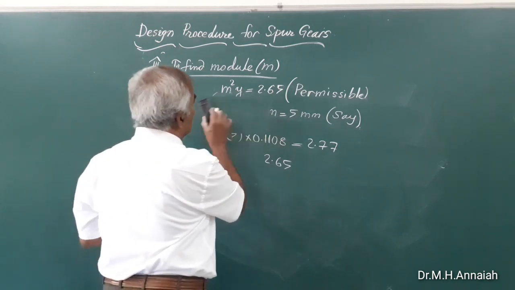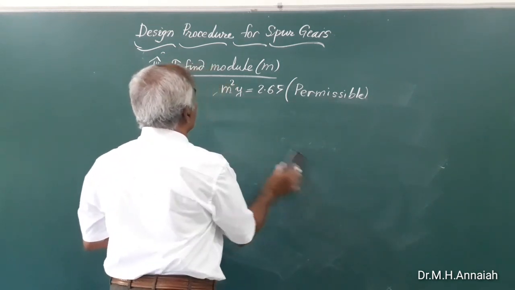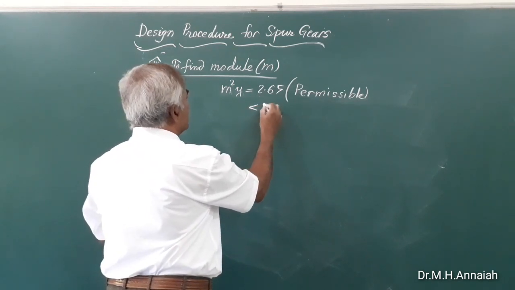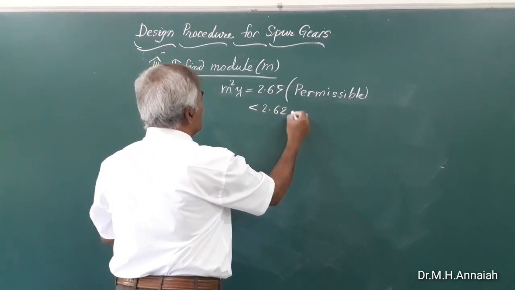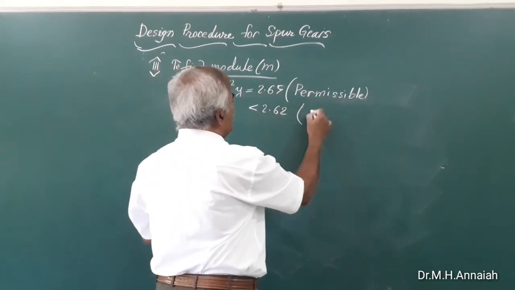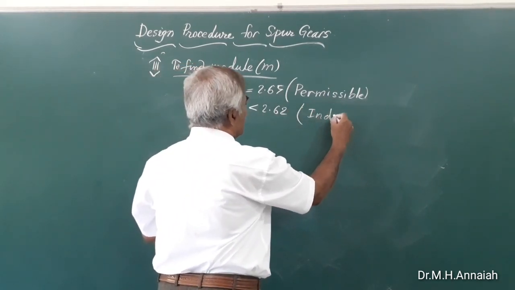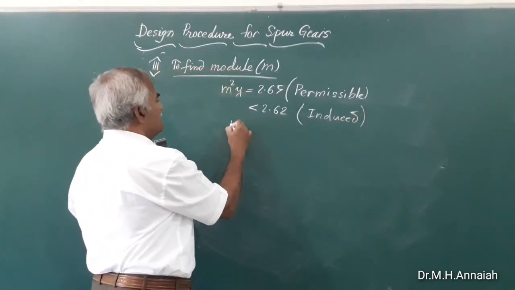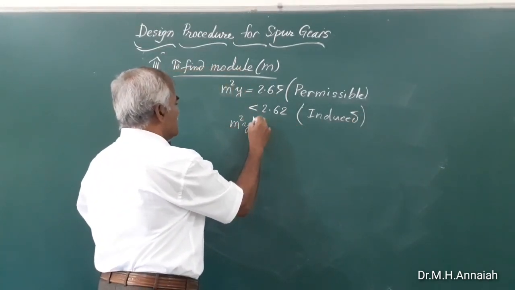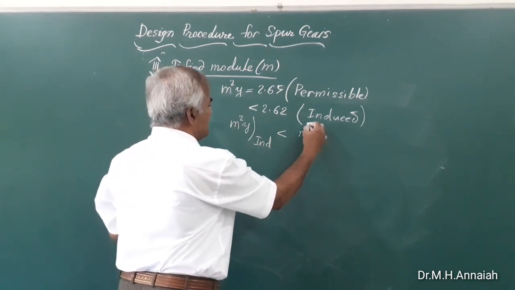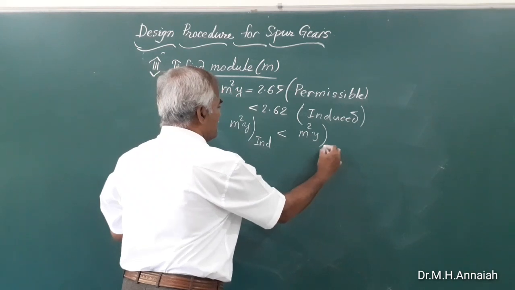Suppose say in this problem, say I have got a value m square y, 2.62, that is lesser than 2.65, say that is the permissible value, this is the induced value. And you can make a small statement here that m square y induced is lesser than m square y permissible.